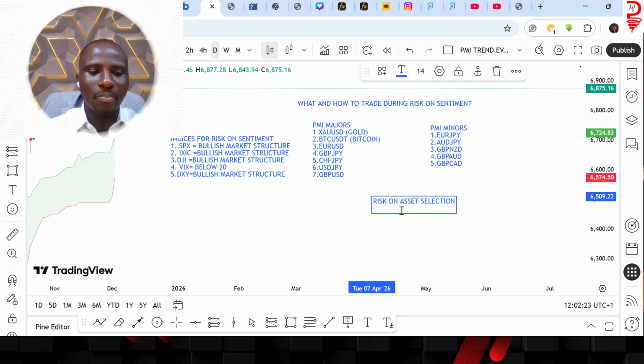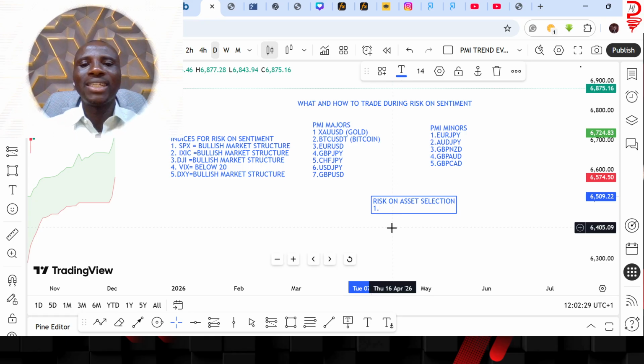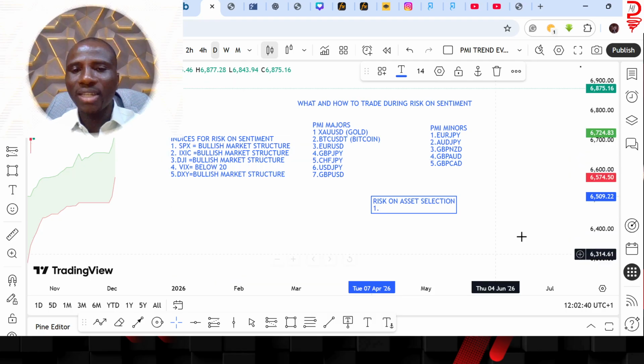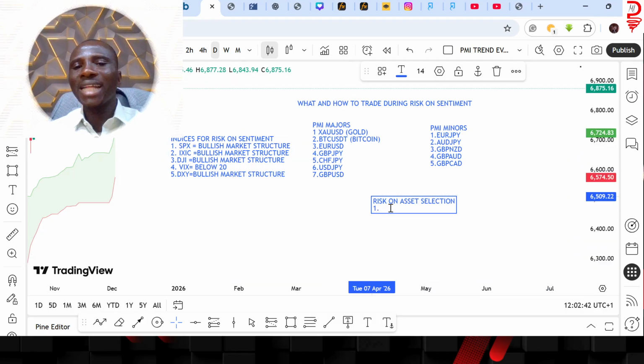And I think it's perfect that way. So what we do is, after we have been able to ascertain the existence of pure risk on sentiment in the market, going through these 5 gauges, we will now start our capital flow narrative from the majors.